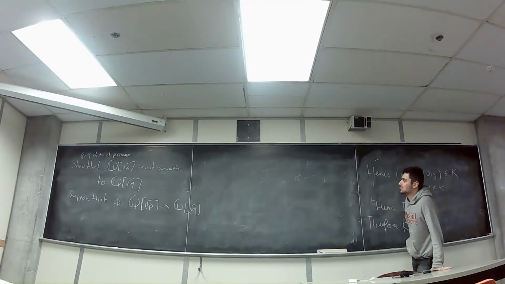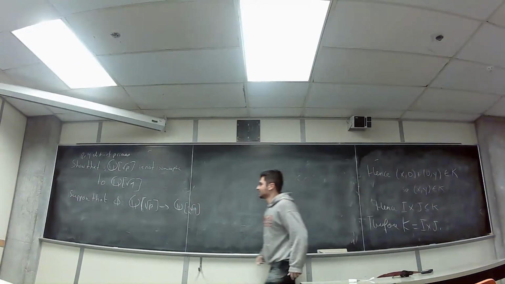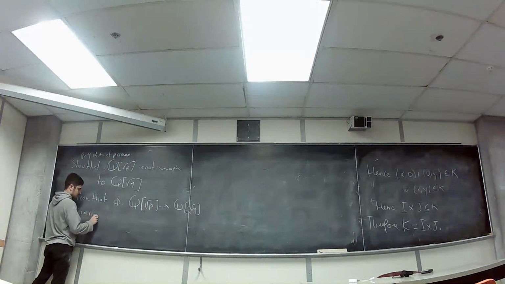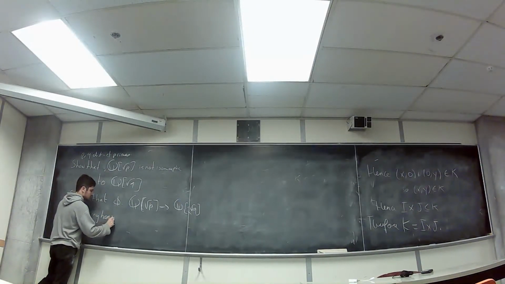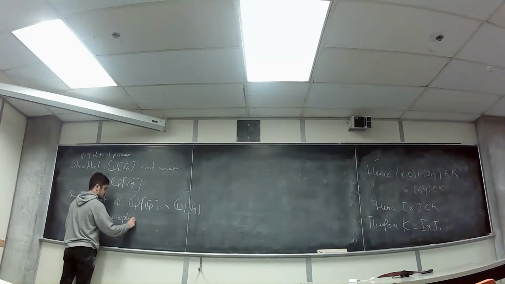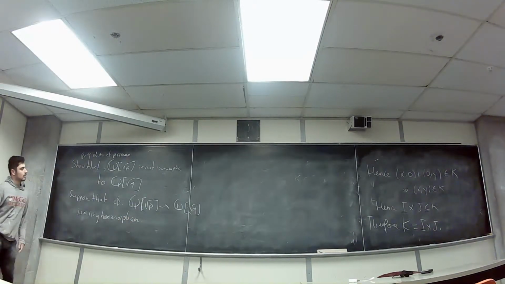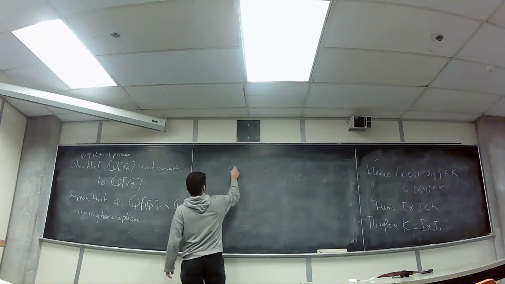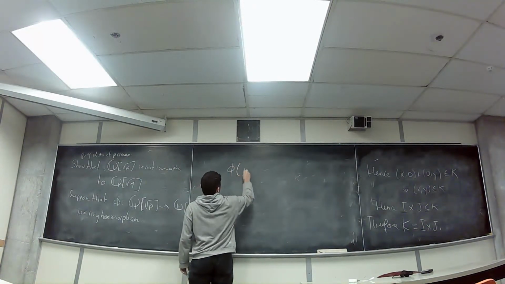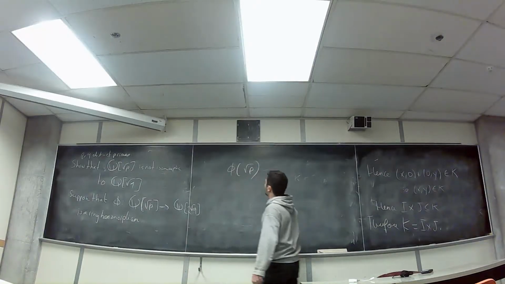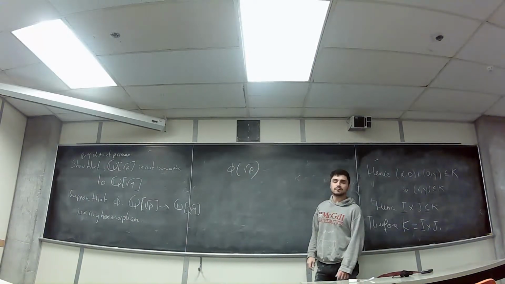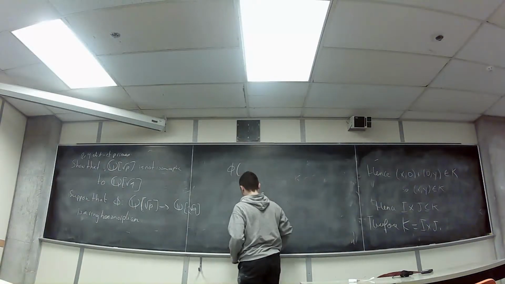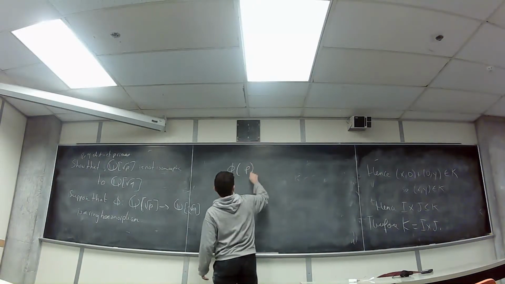Okay, so suppose that phi from Q root P to Q root Q is a ring homomorphism. Now, again, what's the key here? What should phi of root P squared satisfy? Or what is phi of P?